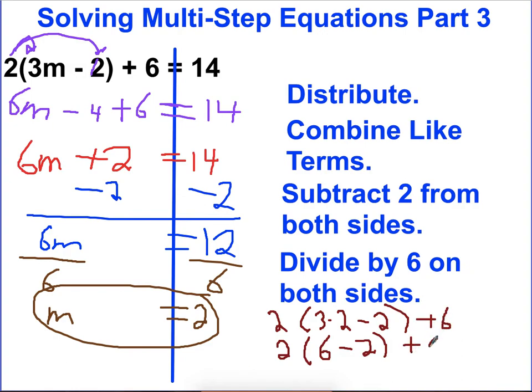Remember to write that. So then I have 6 minus 2 is going to be 4. Then I have a plus 6. Let's finish this up right here. 2 times 4 is 8. And then I still have the plus 6. 8 plus 6 is 14. This makes the equation true now because on the left side we have 14 and on the right side we have 14.